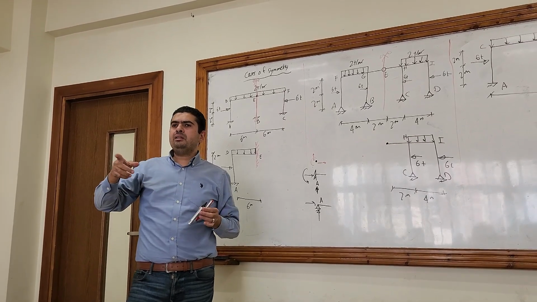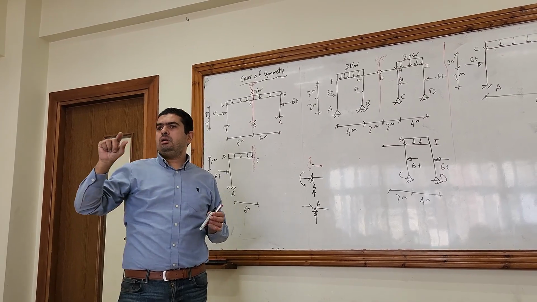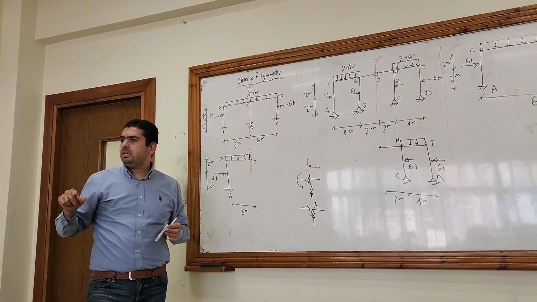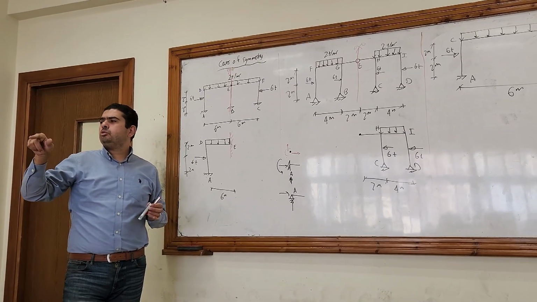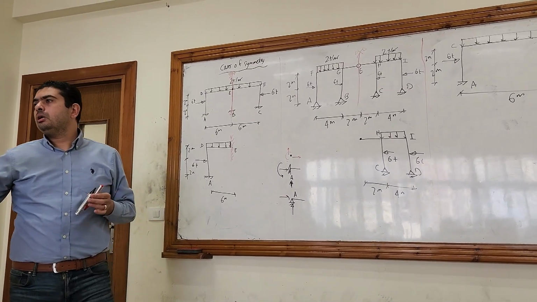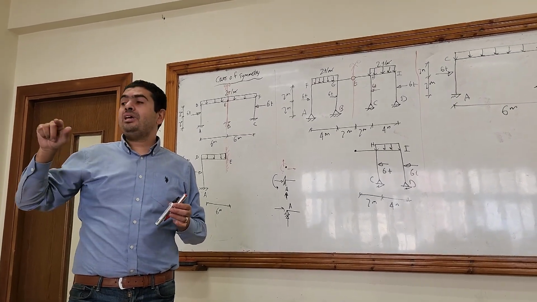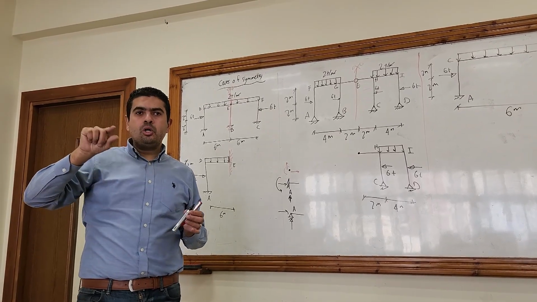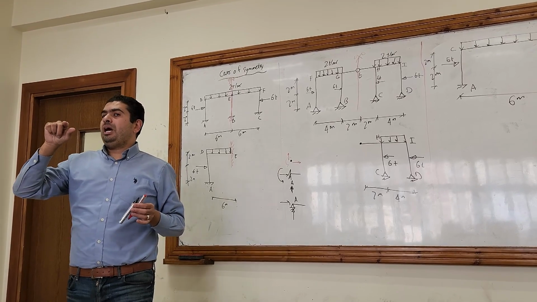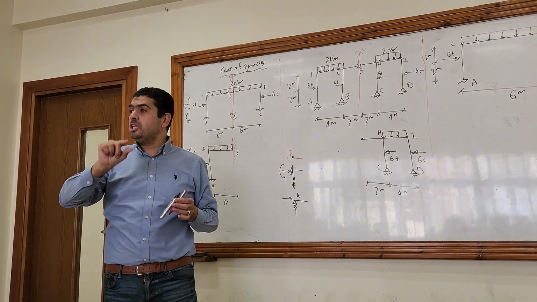That's why in the virtual determinant, one of the requirements was to calculate, what did I ask you to calculate at the hinge? Relative rotation. That was one of the requirements. Can I ask you to calculate a relative rotation at any point that is not a hinge?